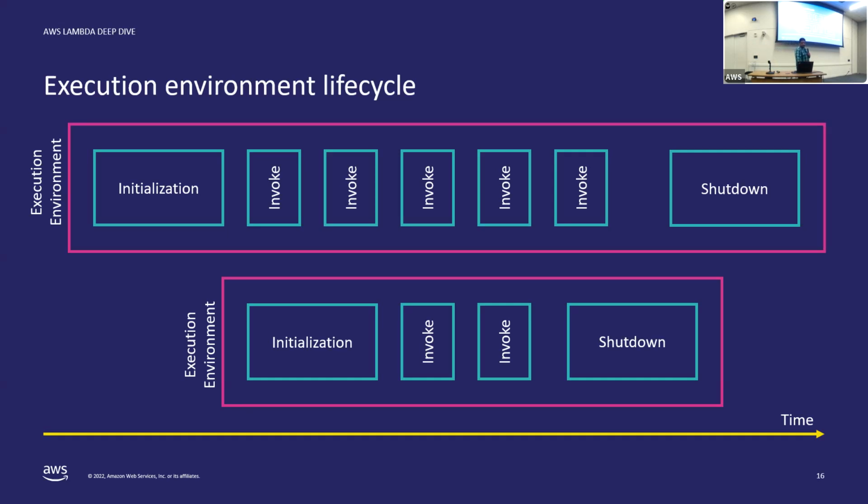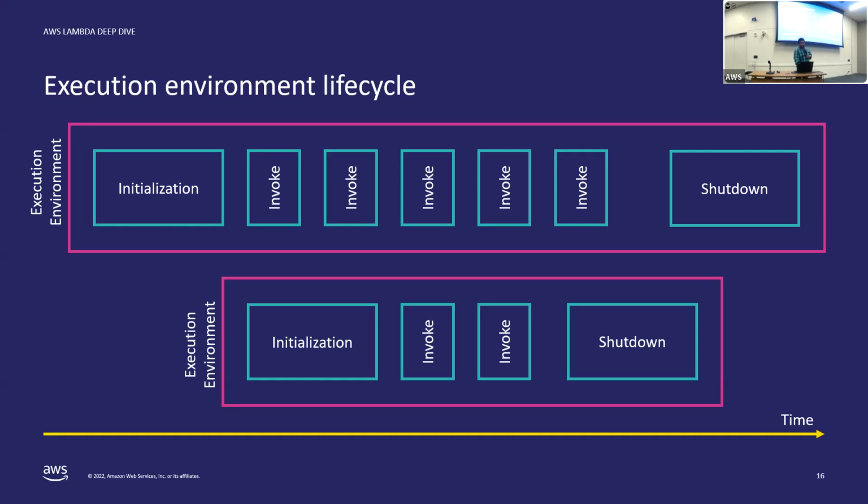You see a huge block called initialization, because in this phase, the Lambda service will bring up the execution environment, download the zip archive of your function, unpack it, and start the initialization code, like whatever code you have above your handler function. All the initializations are done, after which your handler method will be called, and that is your invoke.